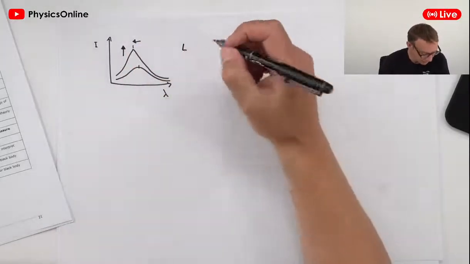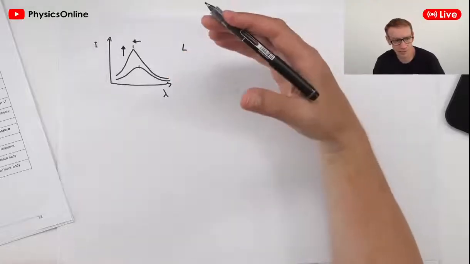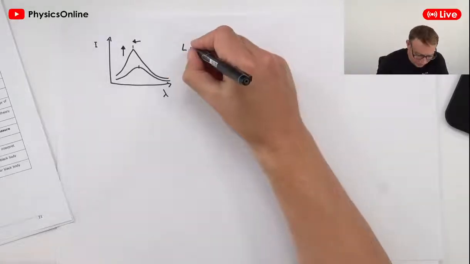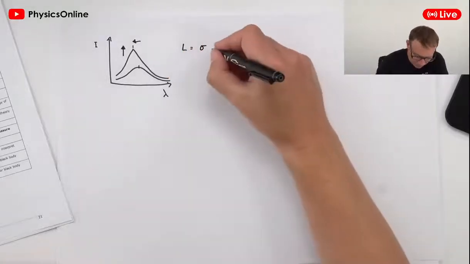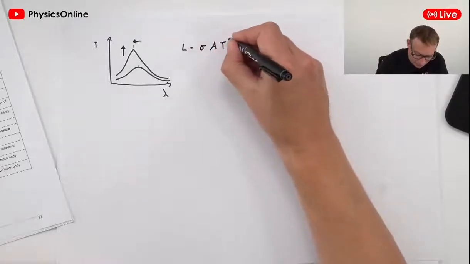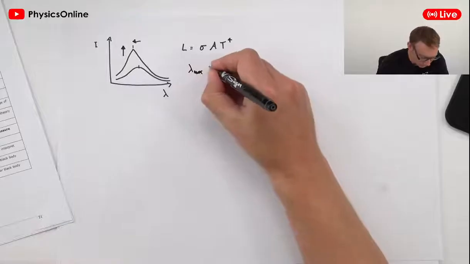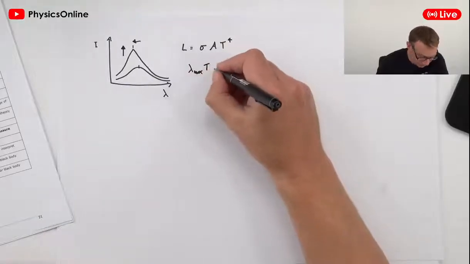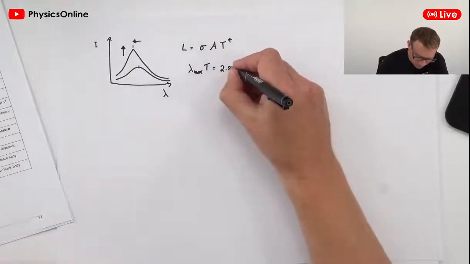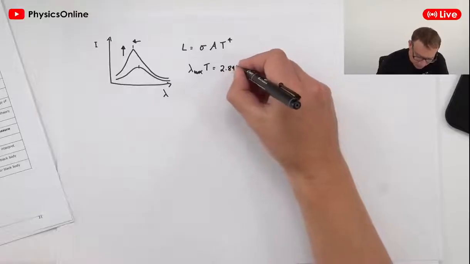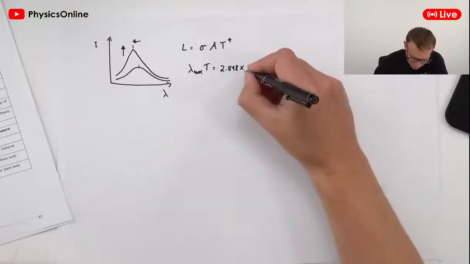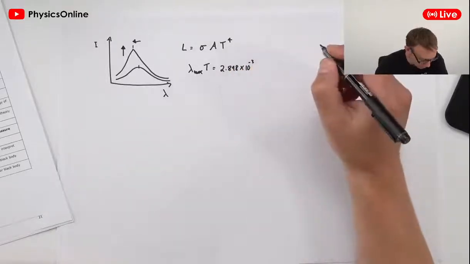The two things you need to know about, and this is often related to questions about stars, is that the luminosity is equal to the Stefan's constant times the area times T to the 4, and also lambda max times T is equal to 2.898 times 10 to the minus 3.